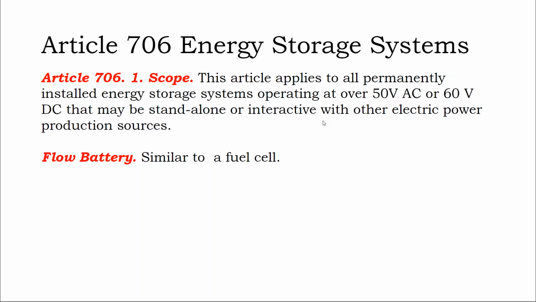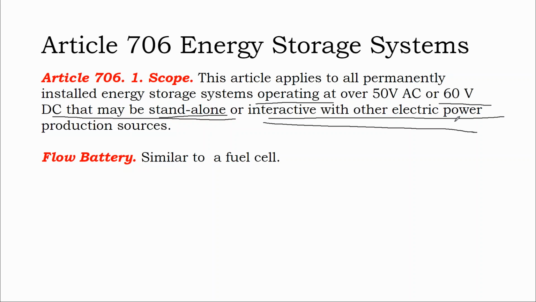Now we're making it almost all the way through code, so just a few minutes left, and we'll get there. This is our last section, Article 706, Energy Storage Systems. We already saw a section in 480, General Equipment for Batteries. This covers battery systems operating at over 60 volts DC that may be standalone or interactive with other power production sources.